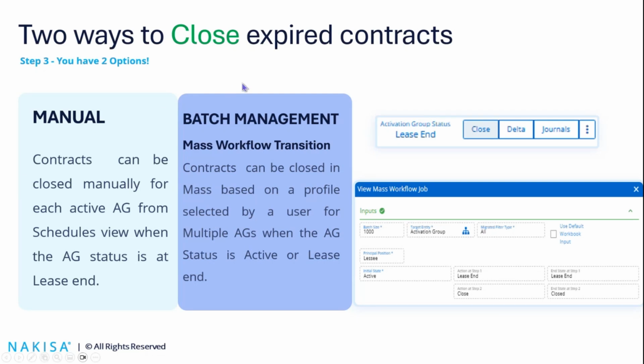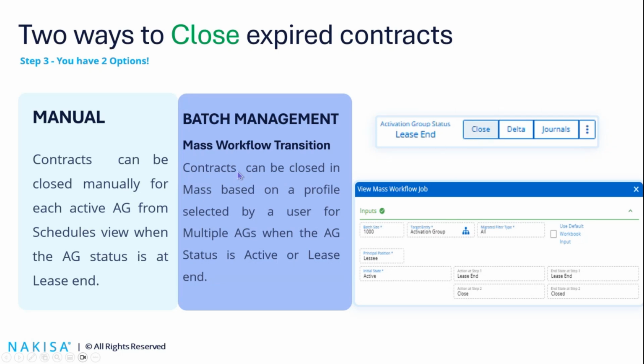To close the contracts, again, there are 2 ways. One is manual, by going on the UI, and once all the postings are done, you will see a lease end status, and you will be able to click on the close icon. If all the postings are done, you'll be able to transfer to lease end and then the close status.